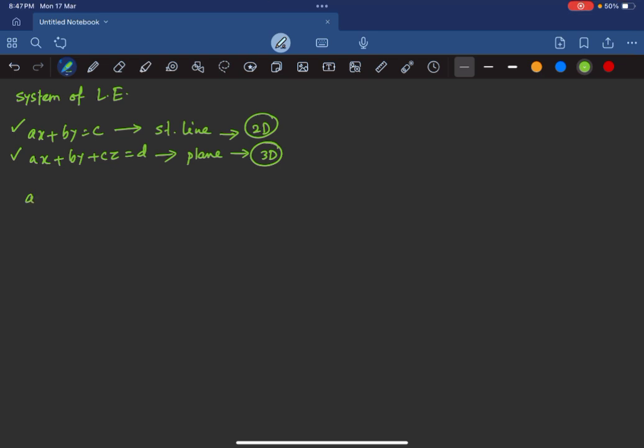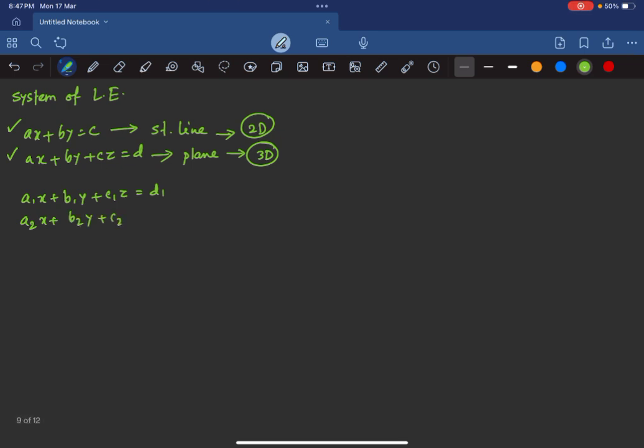Suppose we consider a1x + b1y + c1z = d1, a2x + b2y + c2z = d2, and a3x + b3y + c3z = d3.